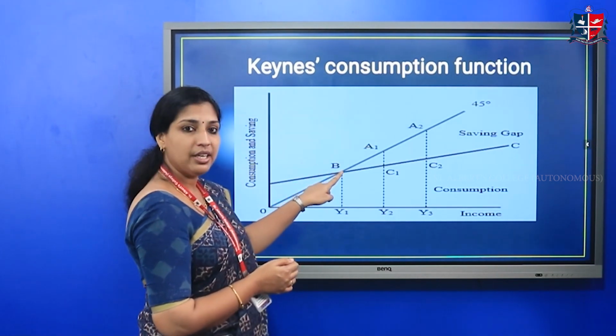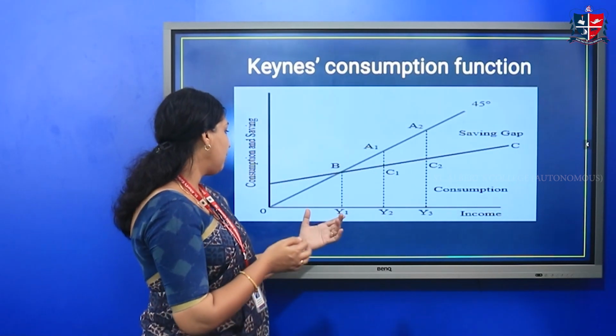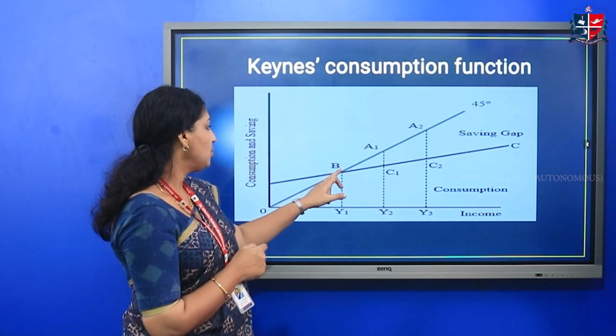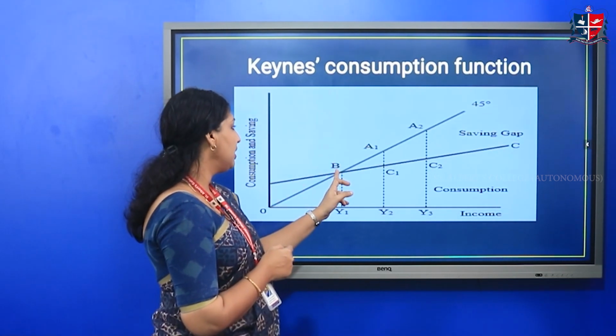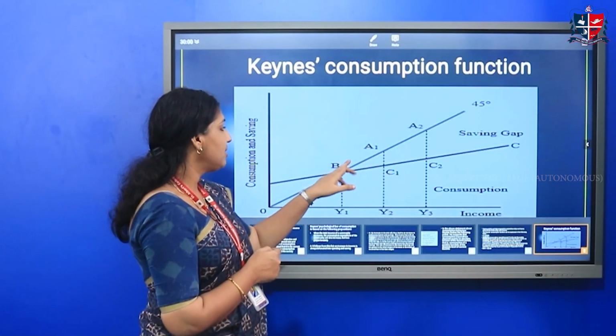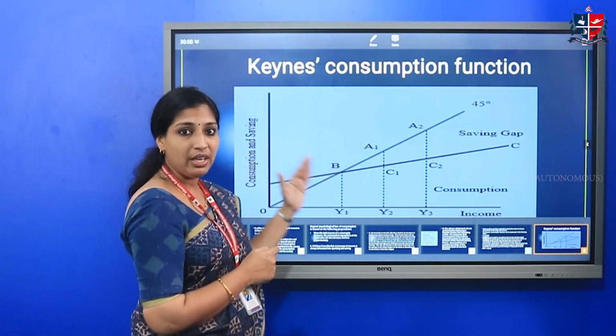B is the point of intersection where income and consumption both are equal. So this is the Y1 level of income where consumption is equal to income. So till this much we can't see any kind of savings. Now after that, income is increasing, consumption is also increasing, but the increase in consumption is not matching the increase in income.